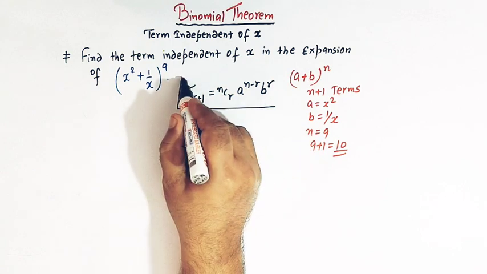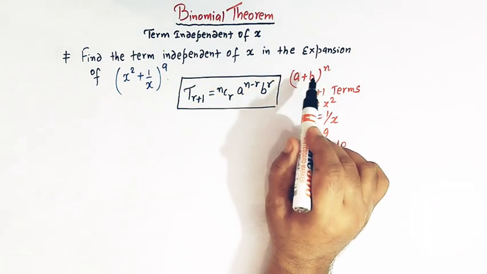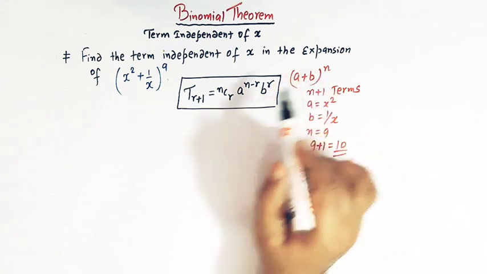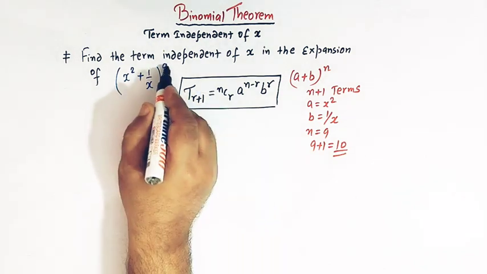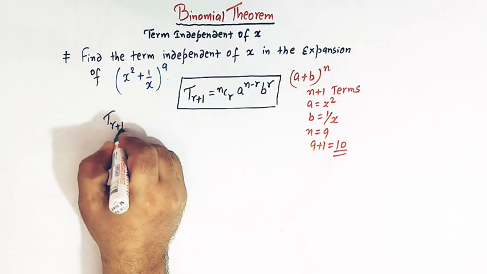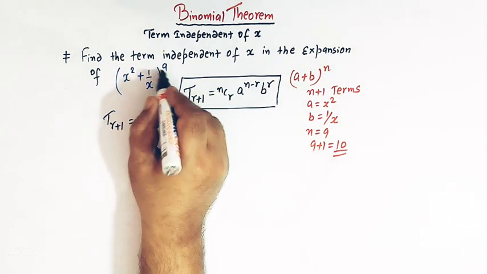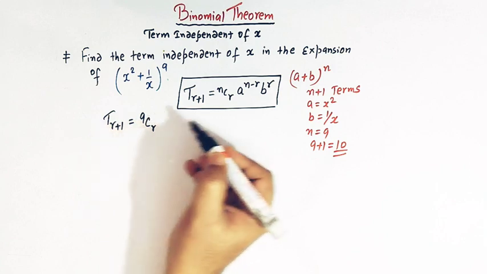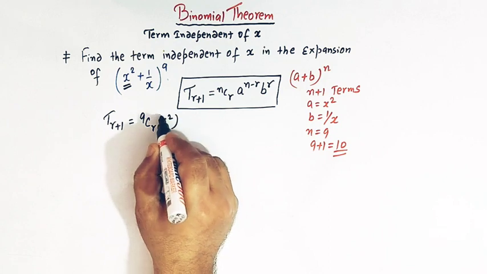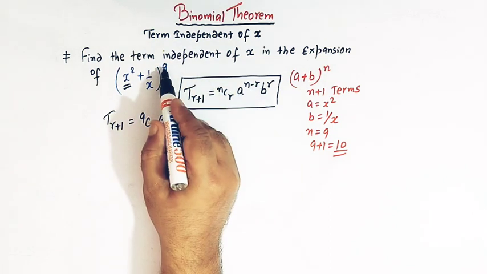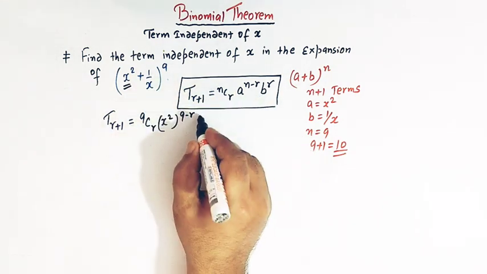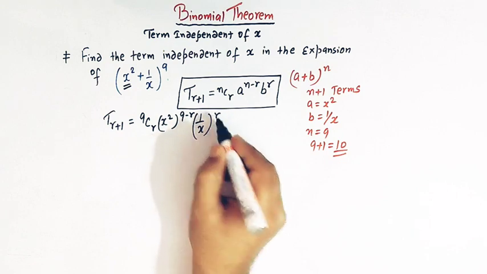This is the general term for the expansion of (a + b)ⁿ. Here n is 9, so we have 9Cr, and a is x², so we have (x²)^(9−r), and b is 1/x, so we have (1/x)^r.